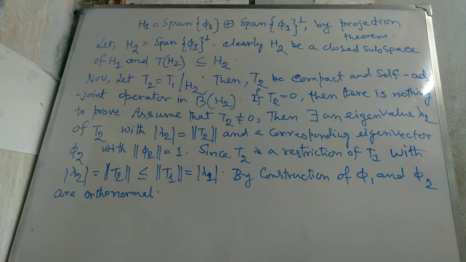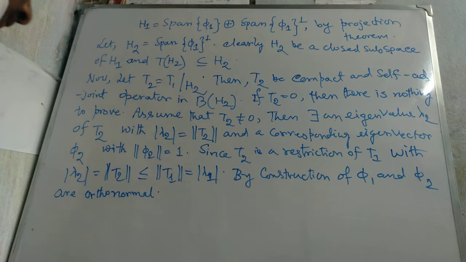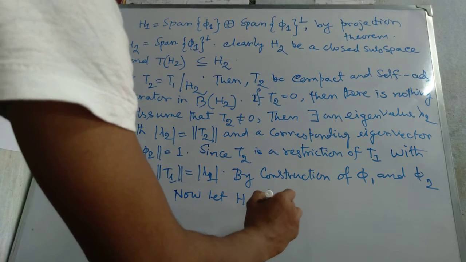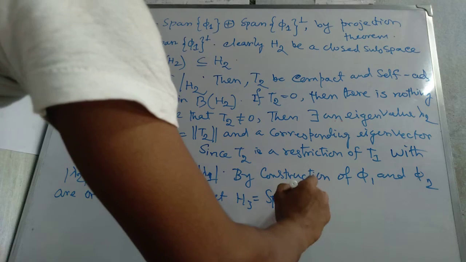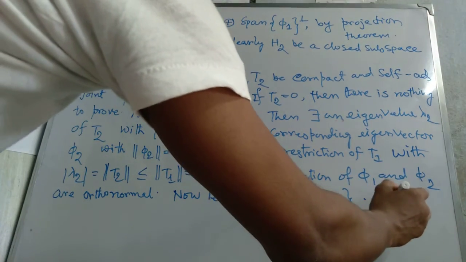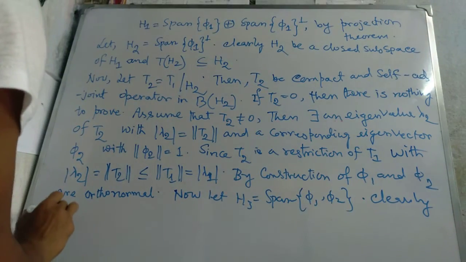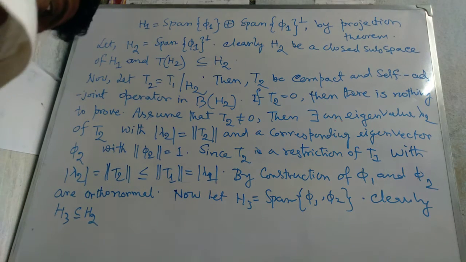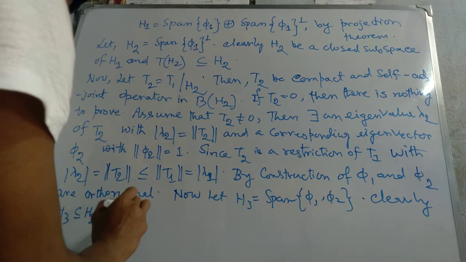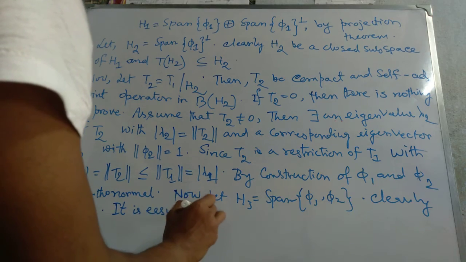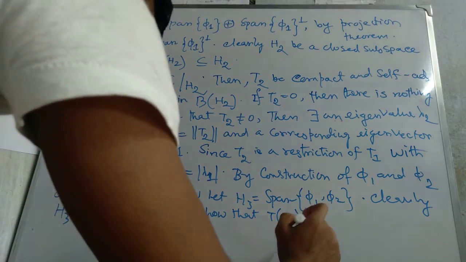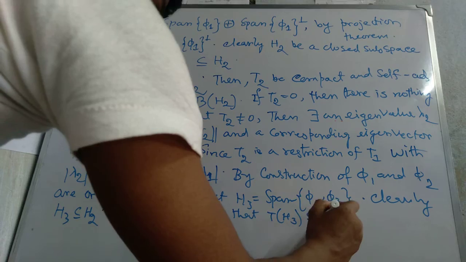Then again we write, now let H3 equal the span of phi 1, phi 2, and clearly H3 is a subset of H2, and it is easy to show that T of H3 is a subset of H3.